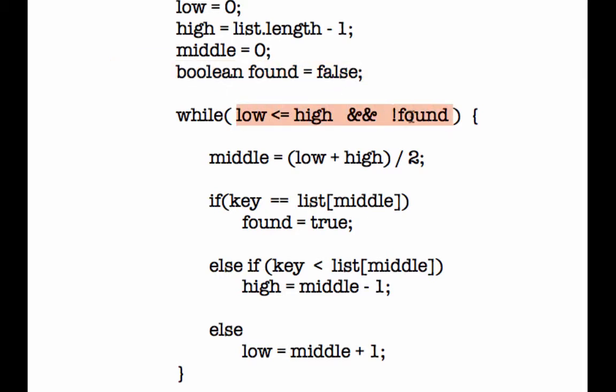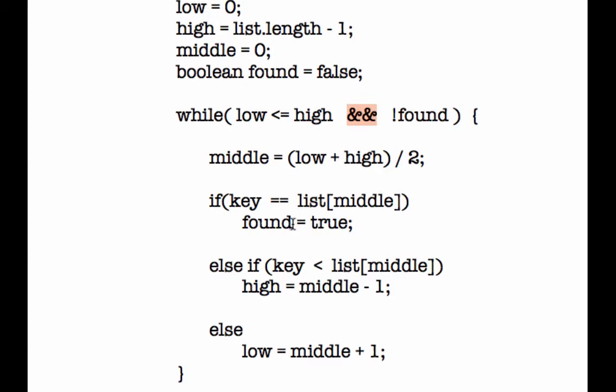So these two conditions at the very beginning are both true, and because I have an AND, the entire expression is true, the loop will iterate. The loop will stop as soon as one of the two conditions becomes false. Remember, this is an AND. So as soon as one of these two conditions becomes false, the loop will stop.